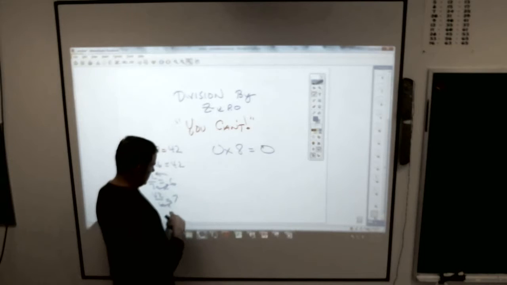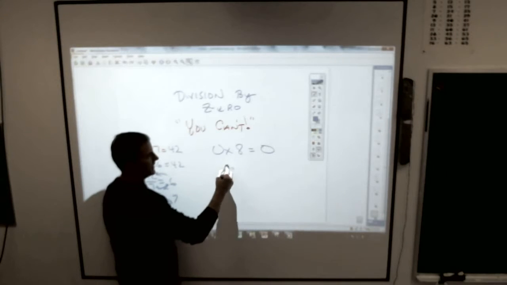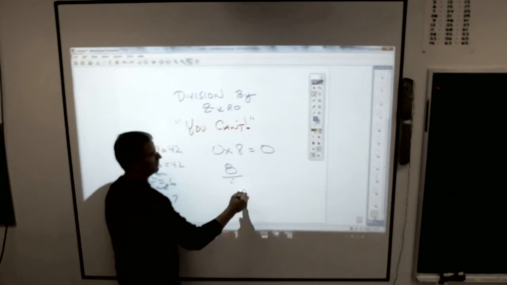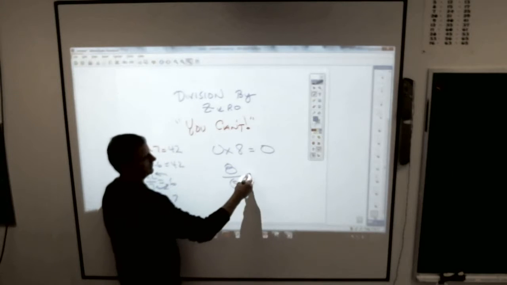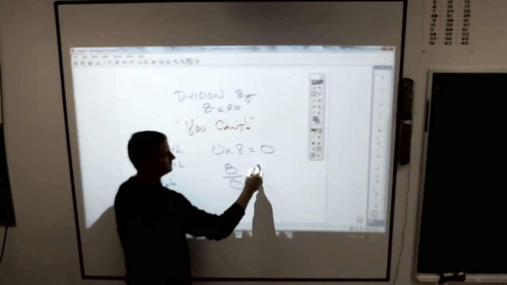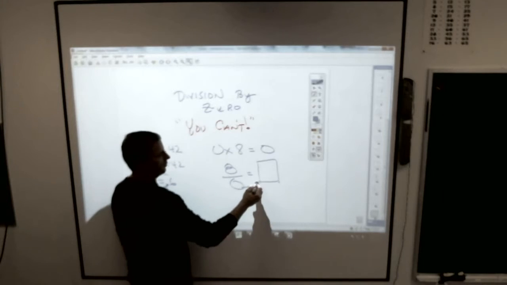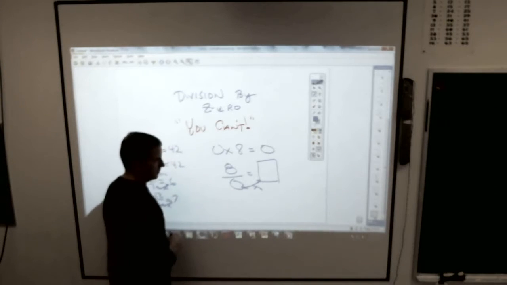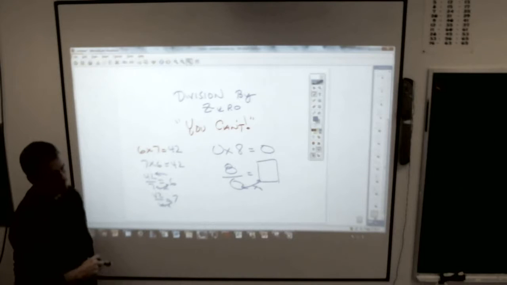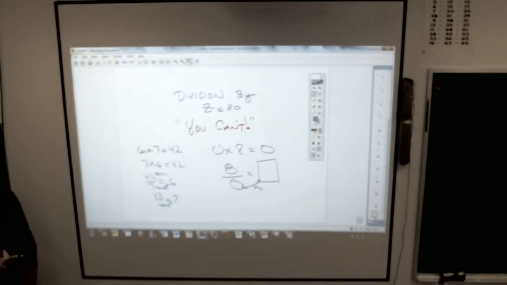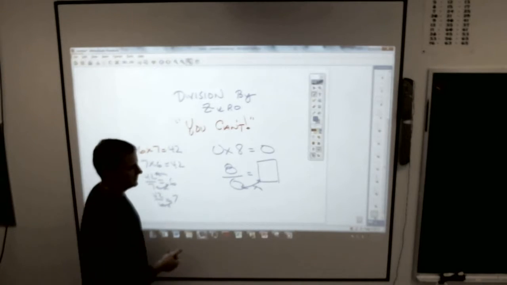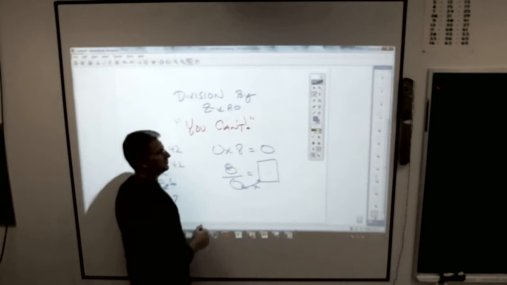If you put an 8 on the top and a 0 on the bottom, you need to come up with some number, just like we did down here. 0 times what number would give you 8? And if you know anything about your multiplication tables, it doesn't exist, because 0 times anything always gives you 0.